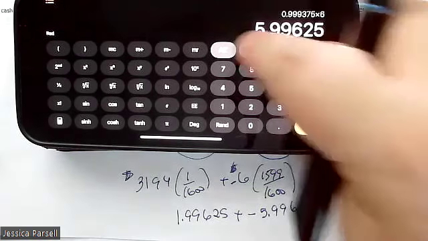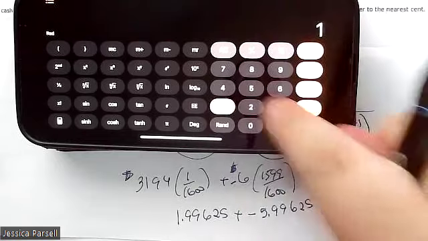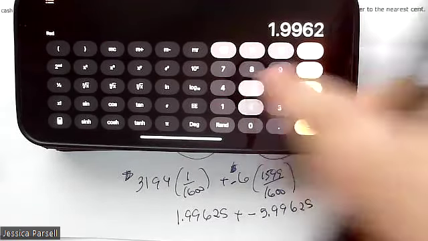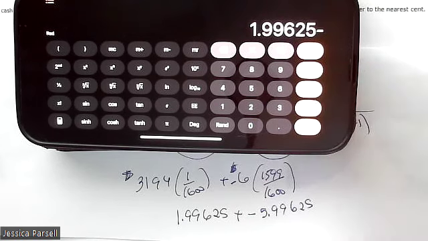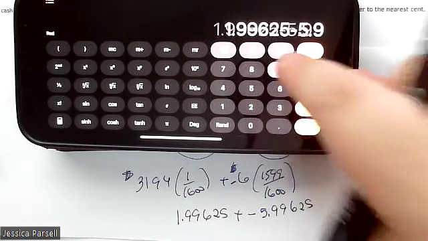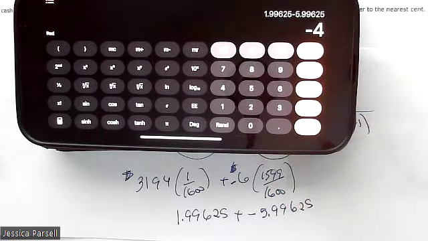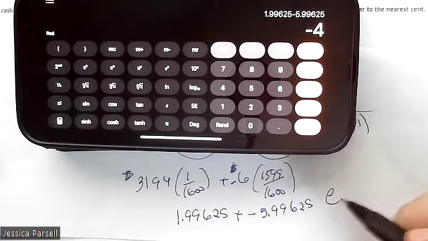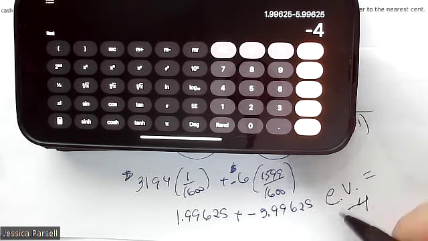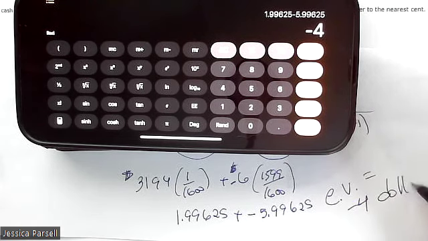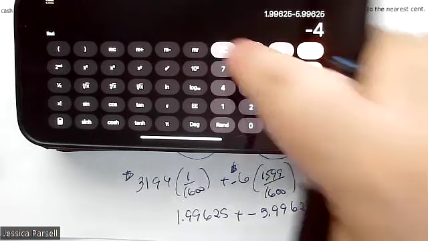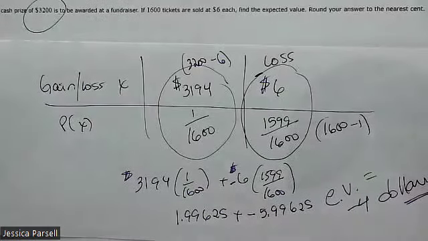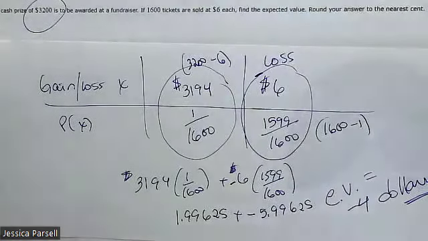Okay, so I'm going to clear this out and take 1.99625 and subtract out, because adding a negative is the same as subtracting, 5.99625, and I should have my expected value. There it is. So my expected value is negative $4. Okay, so that's a concept. This is actually the number one missed concept on test one. So don't fall into that trap.